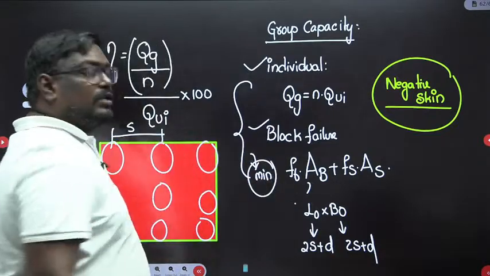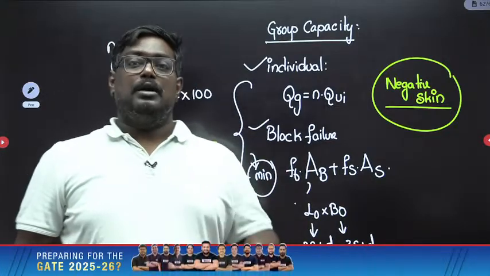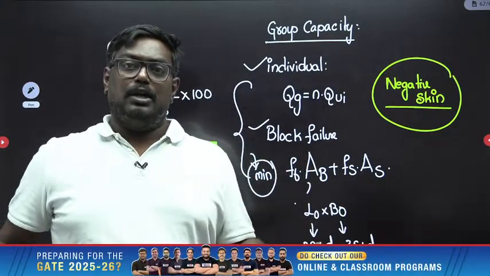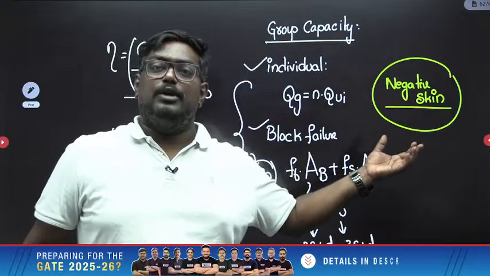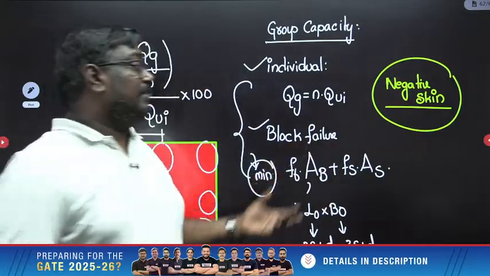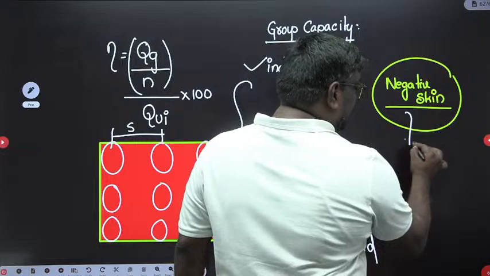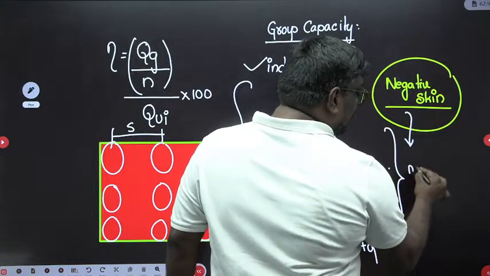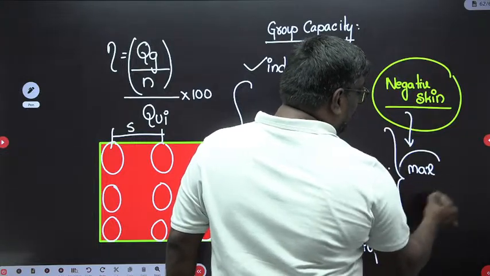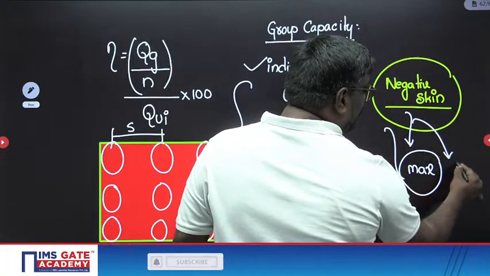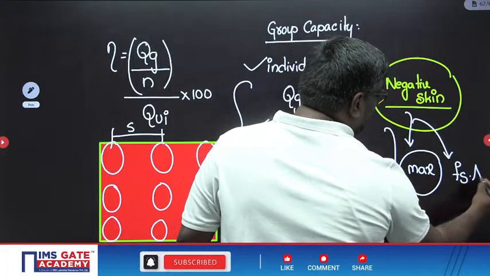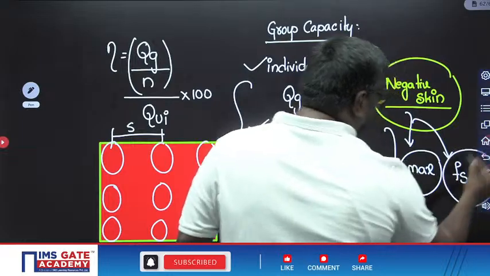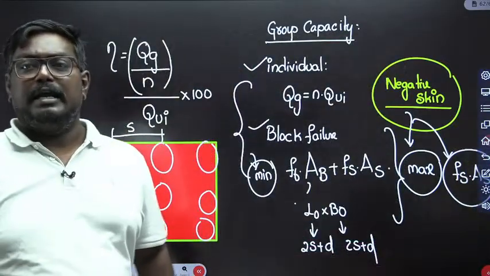Sir, negative skin friction, in the name itself, it is negative. That means if the pile has to carry 1000, what you have calculated through negative skin friction, you have to reduce. But if they ask you for negative skin friction in case of group, then you have to take the maximum value. And for negative skin friction you only have to calculate Fs into As because this is due to the friction only.